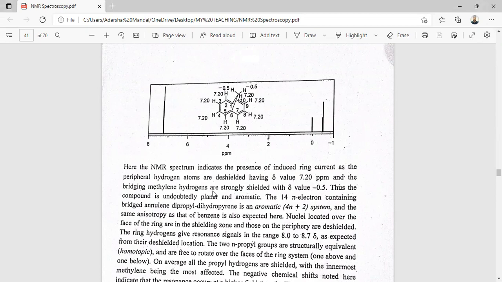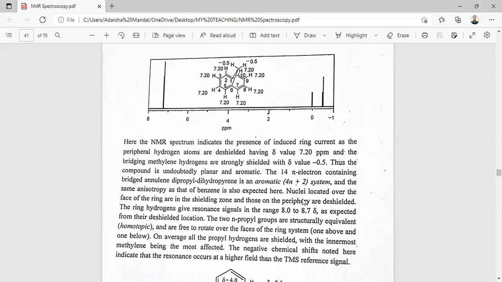Thus the compound is undoubtedly planar and aromatic. The 14 pi electron containing bridged annulene is aromatic, a 4n plus 2 system, and the same anisotropy as that of benzene is expected here.